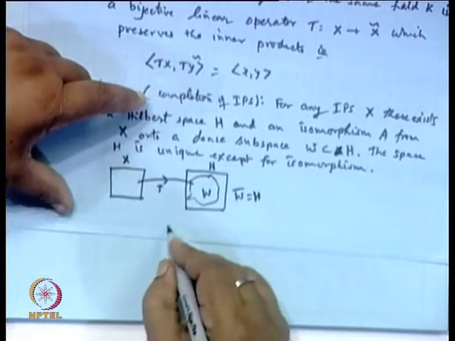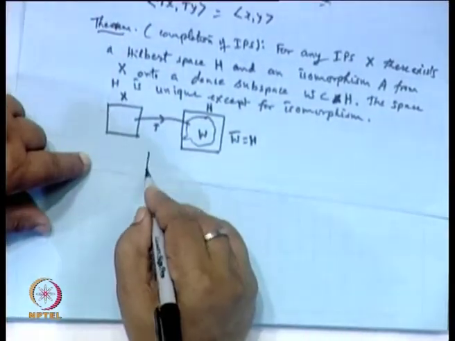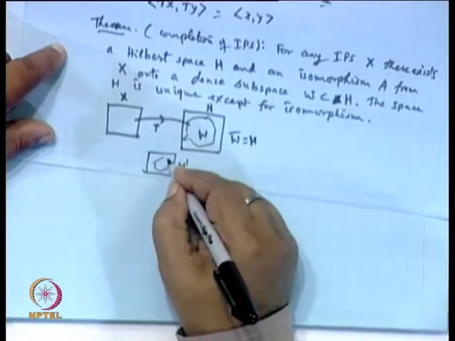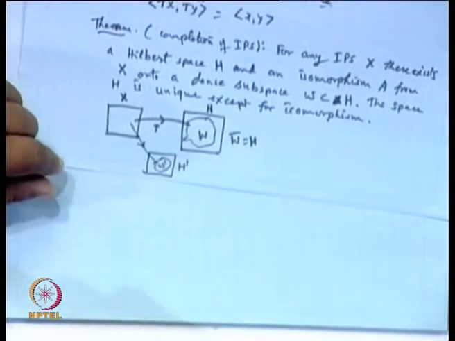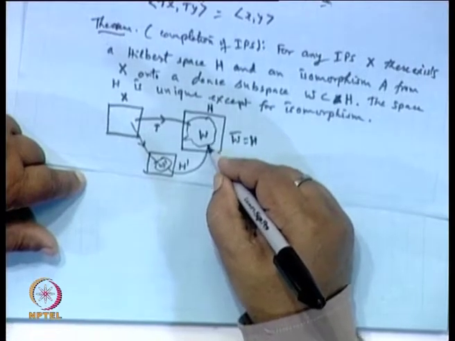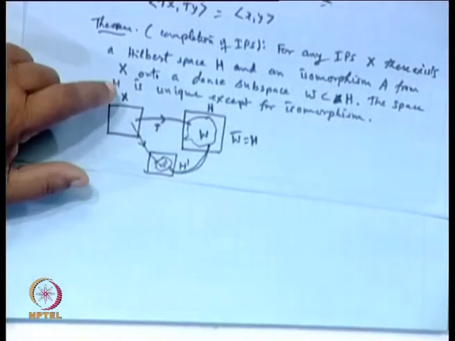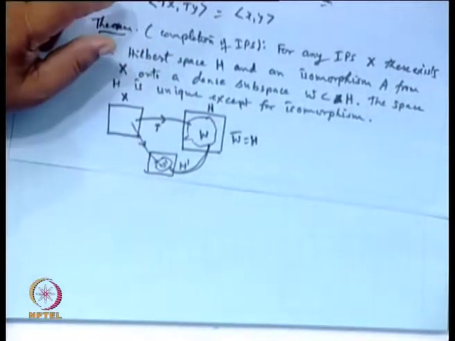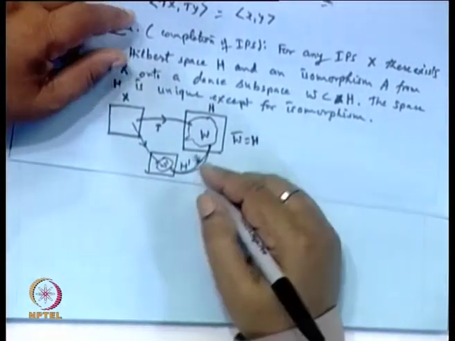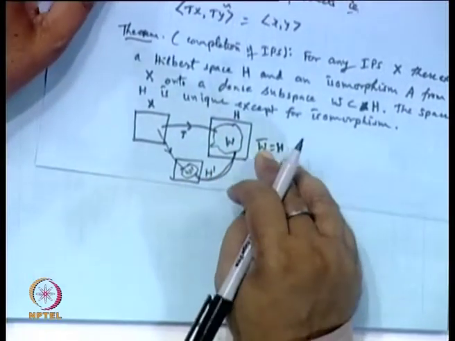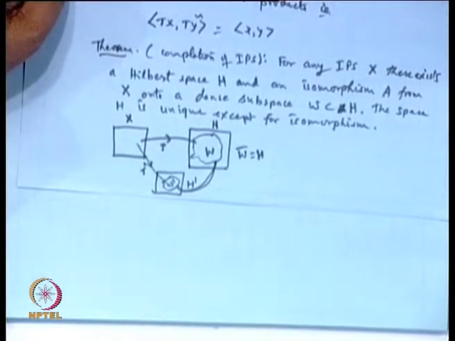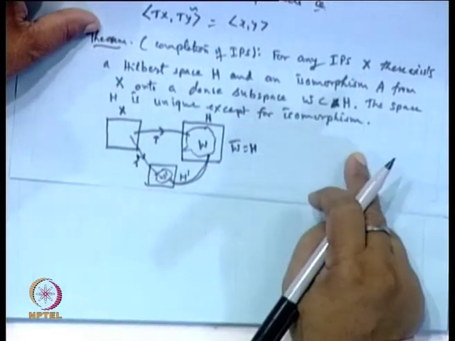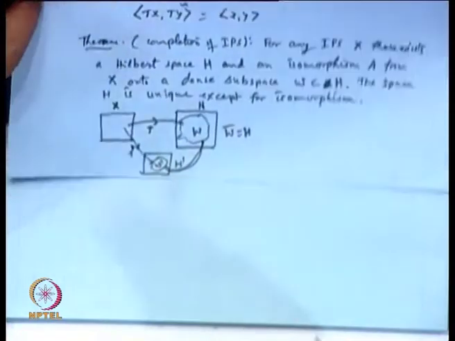Suppose another H dash is obtained, which has the same property, say W dash, and an isomorphism between this and this is also there. Then W and W dash are isomorphic. So, there is no separate T dash. Clear? So, this is uniqueness except for this isomorphism. Is it clear?